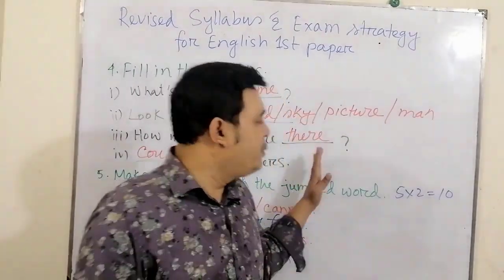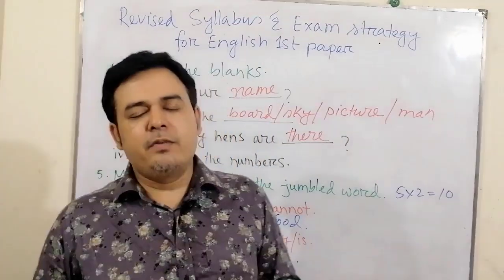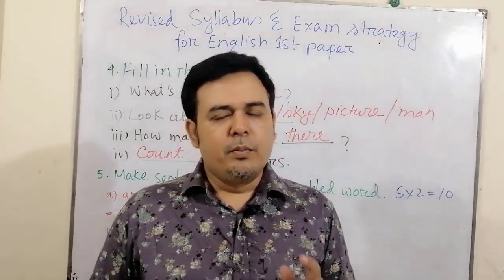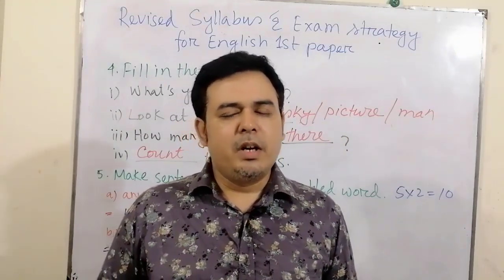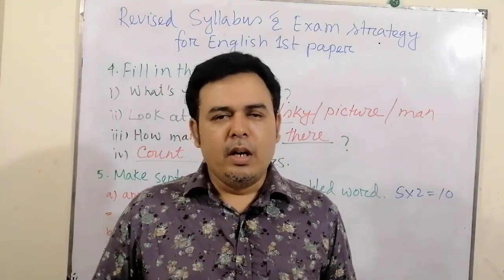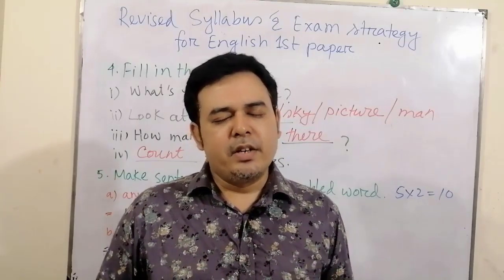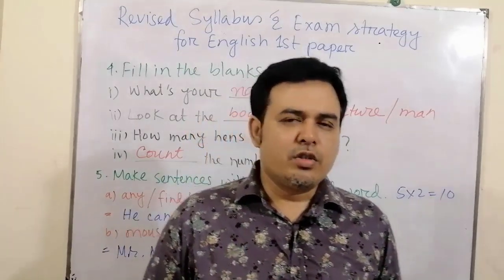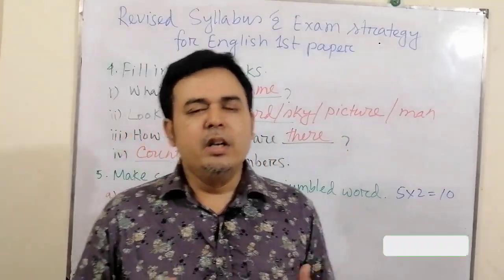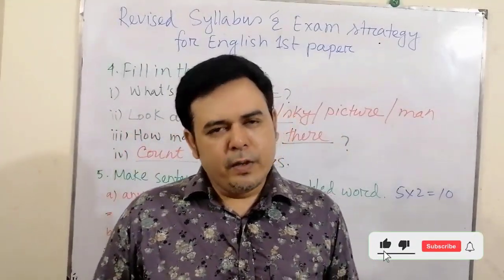Number 4, fill in the blanks, there will be 10 fill in the blanks bearing 1 mark each, so also 10 marks. And finally making sentences with jumble words, also 10 marks. These 5 items bearing 10 marks equally make 50.